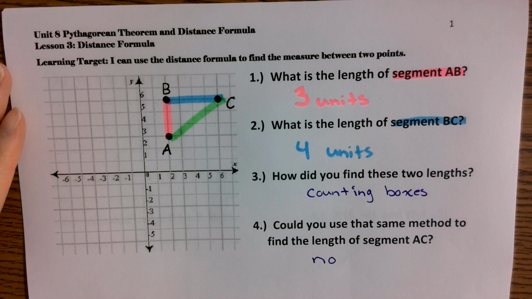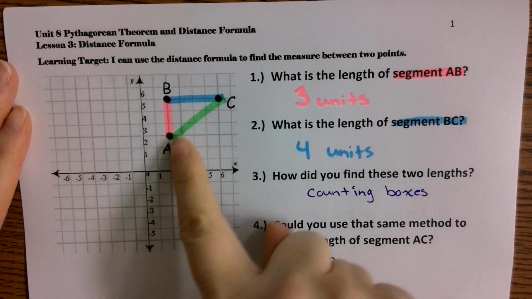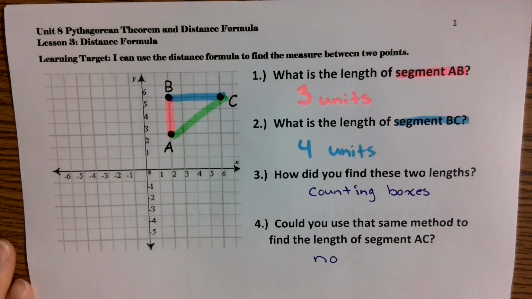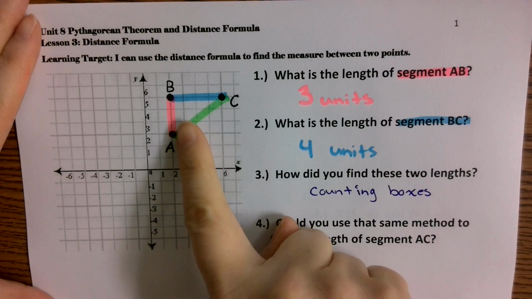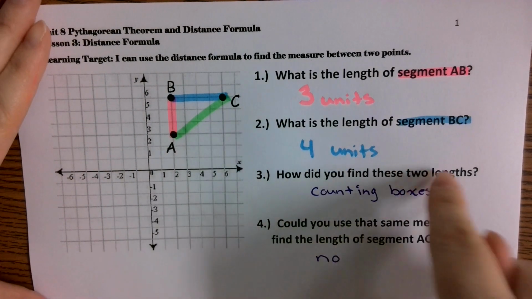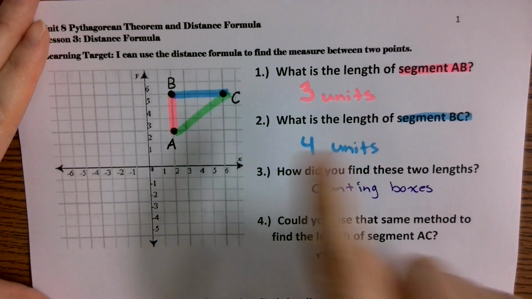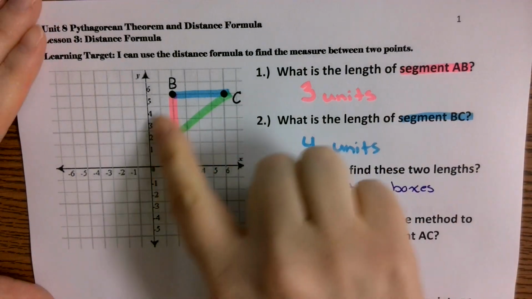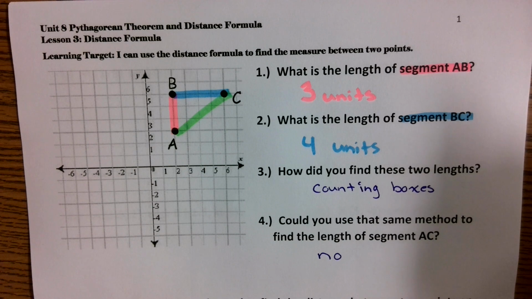So when you have measurements that you're trying to identify and those points are at a diagonal, you can utilize your Pythagorean theorem to be able to solve. So right now I'm going to tell you that the measurement of AC is 5. The reason it's 5 is because this forms what we call a perfect Pythagorean triple.